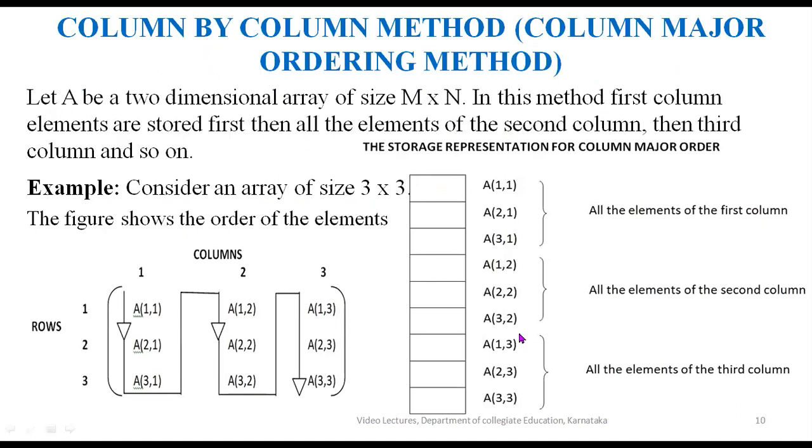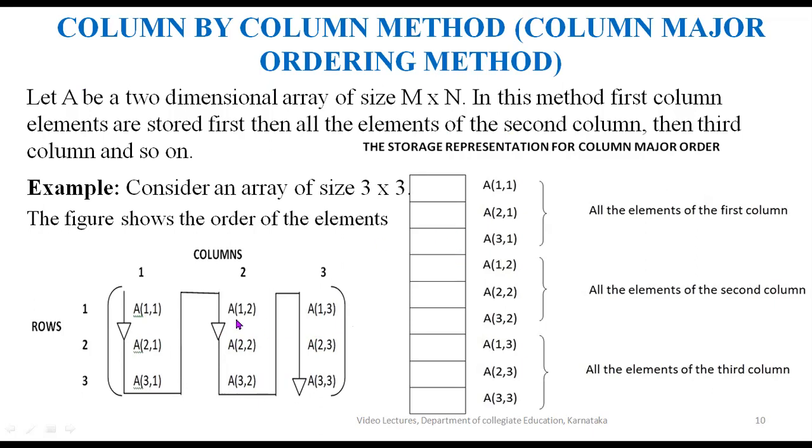Column by column method. In this method, the first column elements are stored first in the memory allocated and then followed by the second column elements, third column elements, and so on. Now in the example displayed here, we have a 3 cross 3 matrix, and the elements in the first column, that is A11, A21, A31, are stored in the first three memory slots reserved for the array.